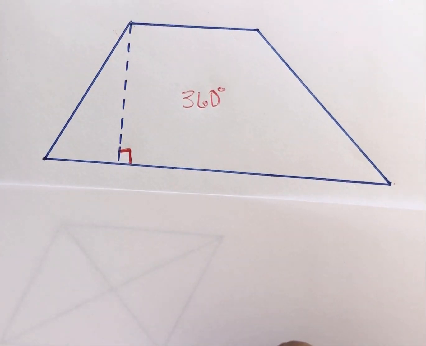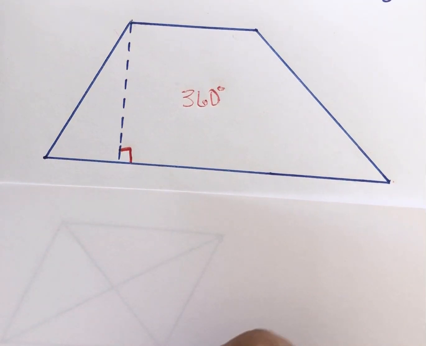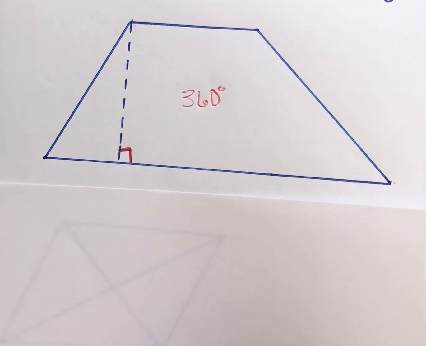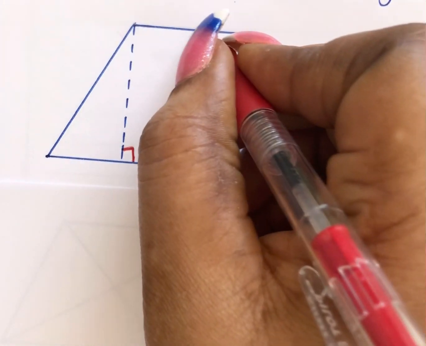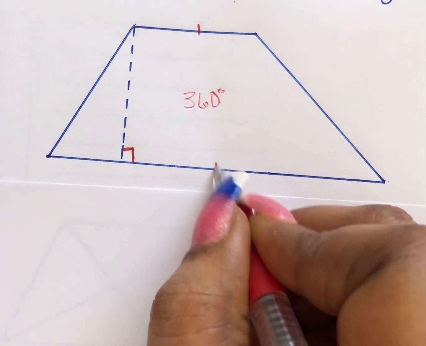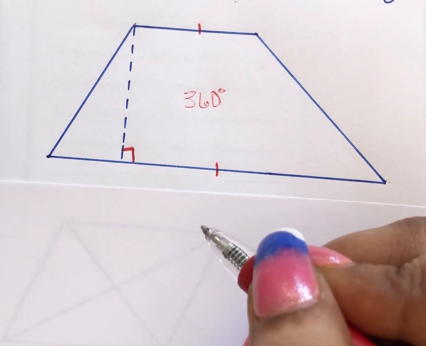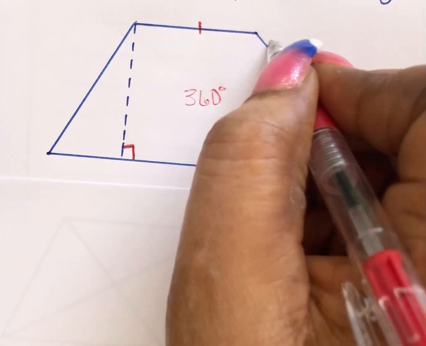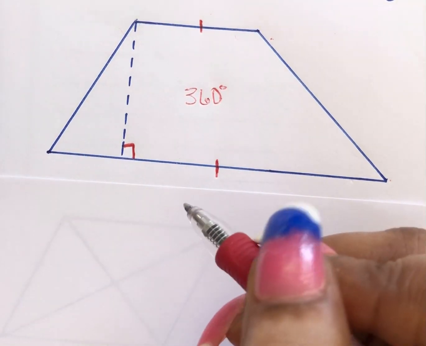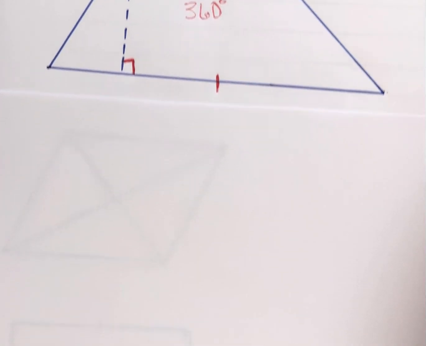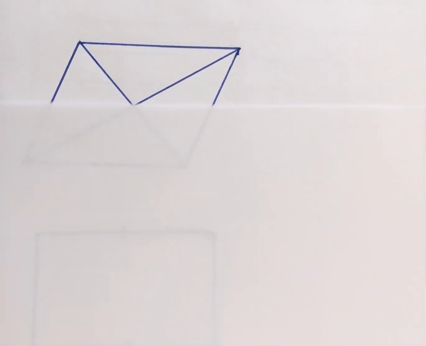It is a quadrilateral with one pair of opposite parallel sides. These are what we are talking about when we say opposite. This side and this side are opposite to each other. So we call that a trapezium, or a trapezoid.